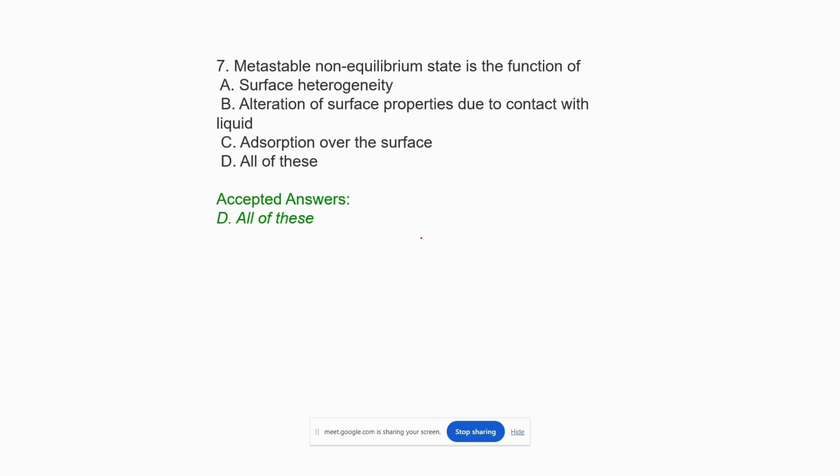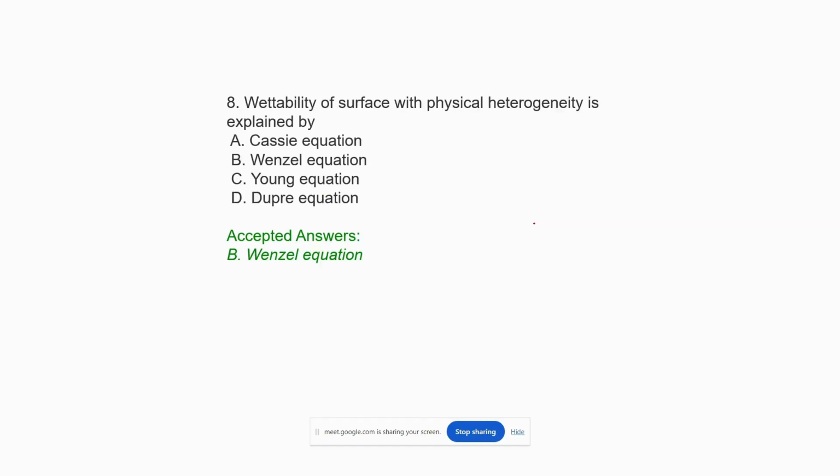And metastable non-equilibrium state is the function of all of these: surface heterogeneity, alteration of surface properties due to contact with liquid, and adsorption over the surface.